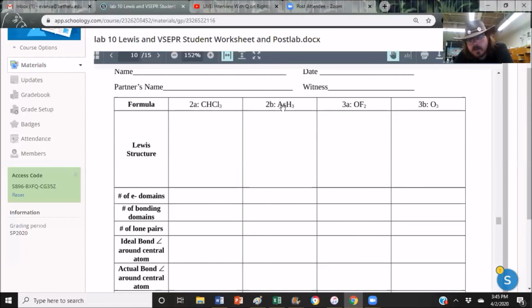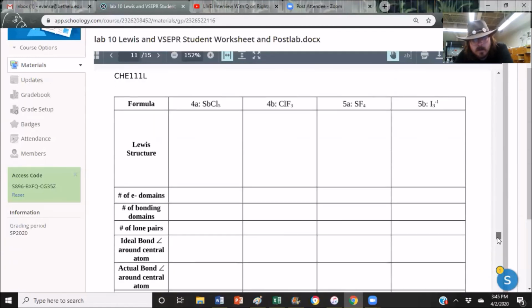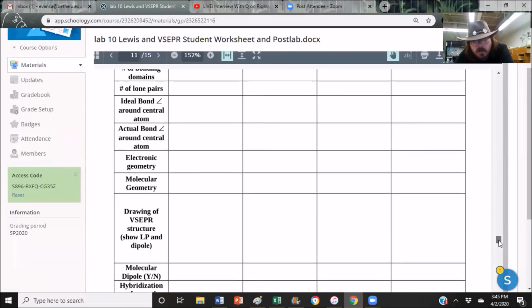Center atom arsenic, oxygen. One of those 3 oxygens is going to be the center atom, but it's not going to be a ring. Antimony, center atom; chlorine, the center atom; sulfur, one of those iodines will be the center atom.